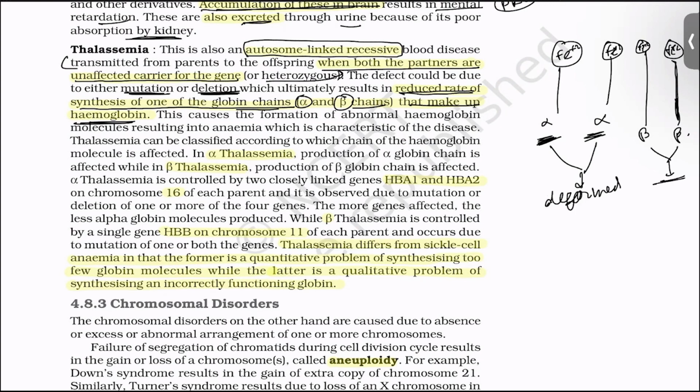So either alpha can get deformed or beta can get deformed. If alpha is deformed, then it is known as alpha thalassemia. And if beta is deformed, it's known as beta thalassemia.